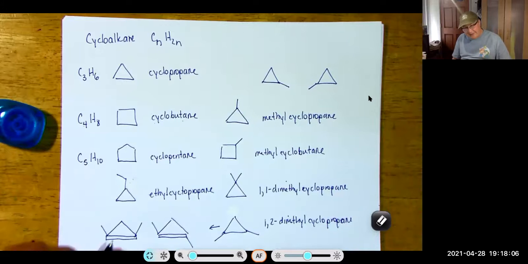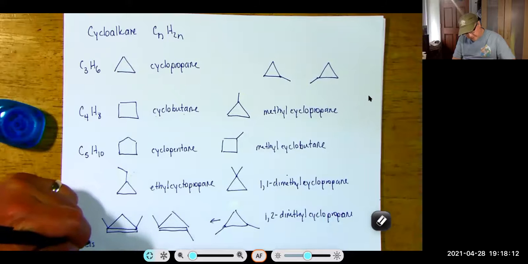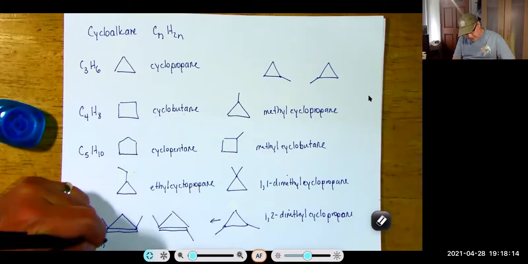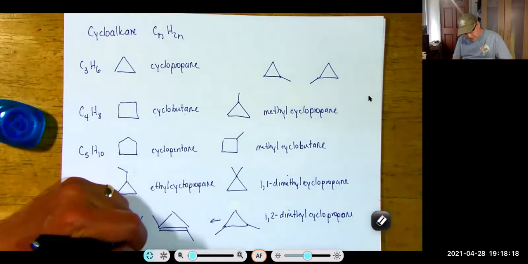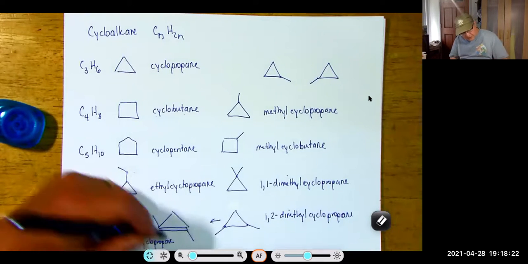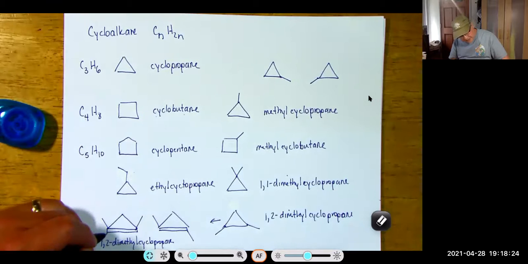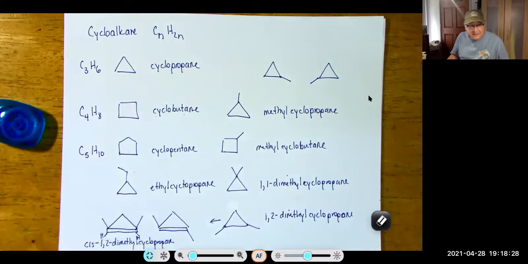These have different names. This one is called cis-1,2-dimethylcyclopropane. Why do you think it's called cis? Well, we have hydrogens attached here, and they both go down, same side of the ring, not double bond.